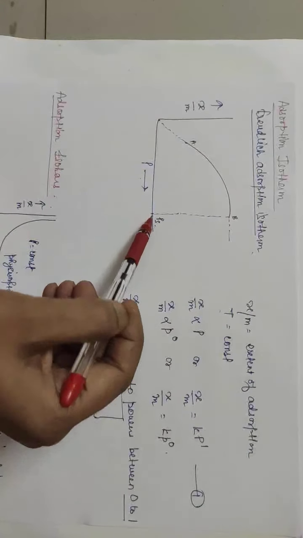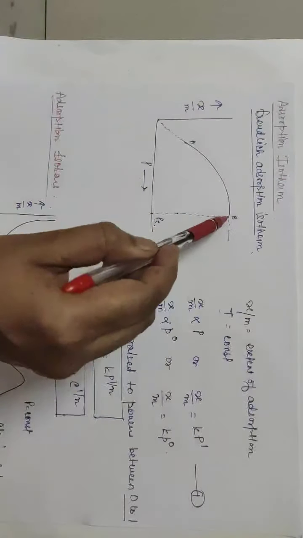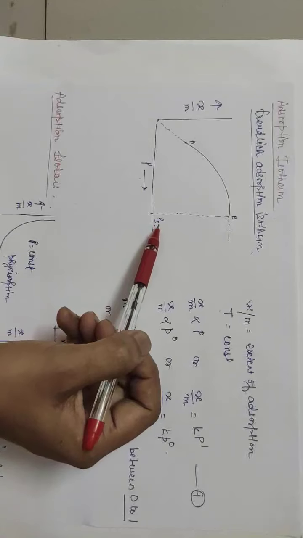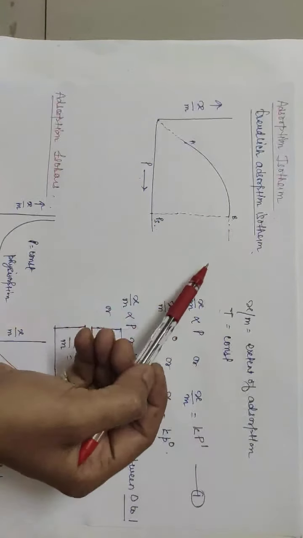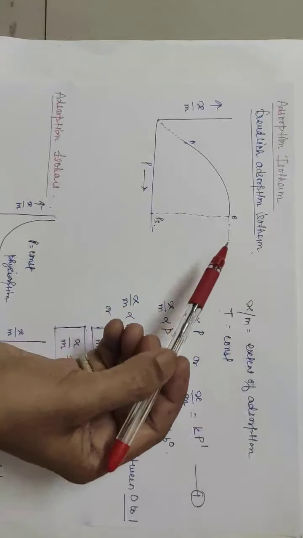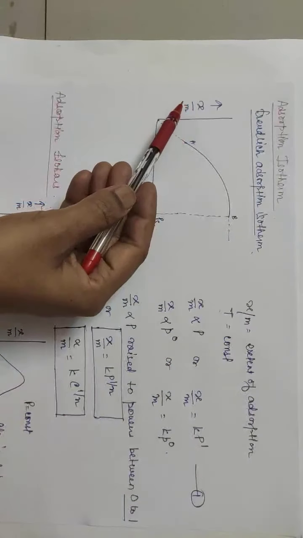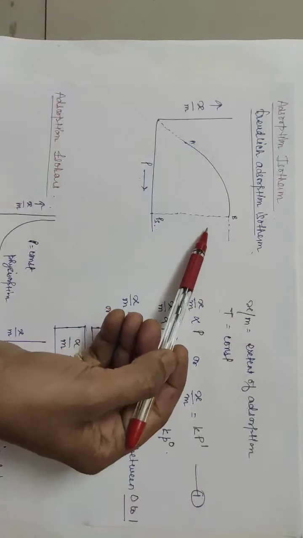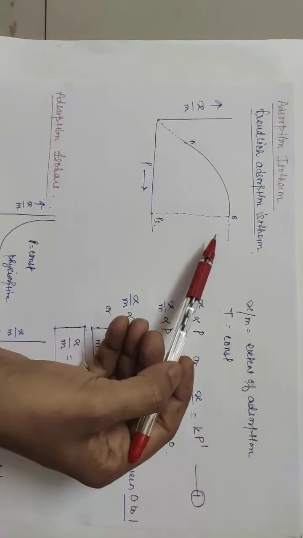After reaching a maximum value, adsorption becomes maximum. This pressure is known as saturation pressure and written as PS. After this pressure, the extent of adsorption does not depend upon the increase in pressure.